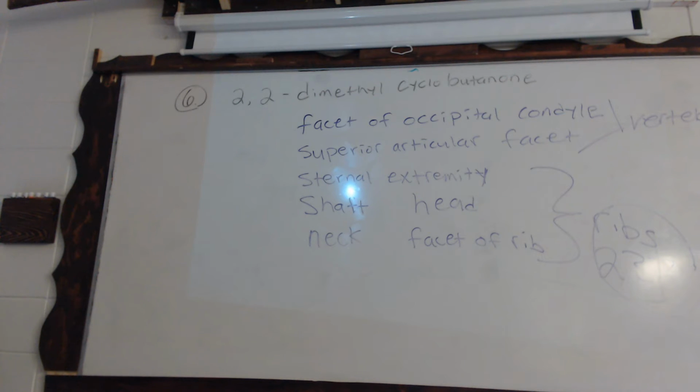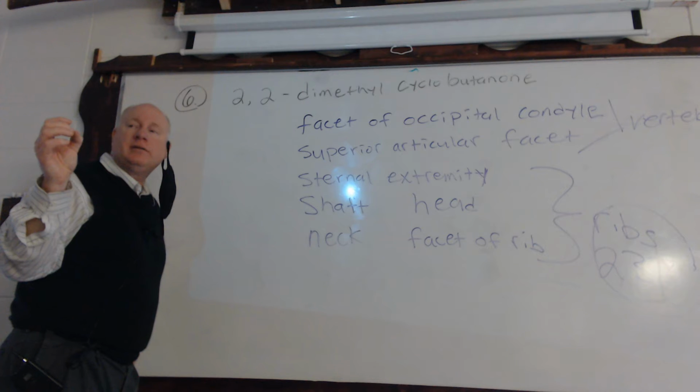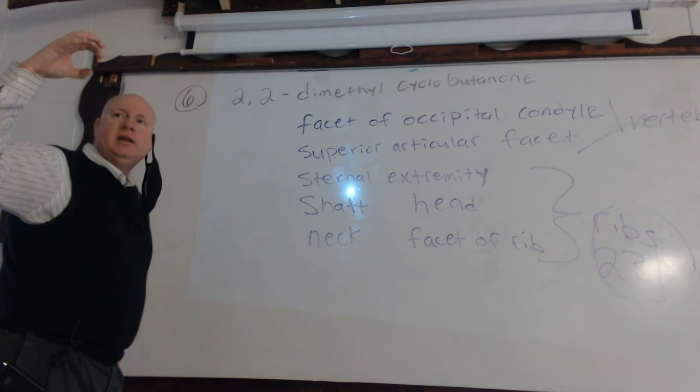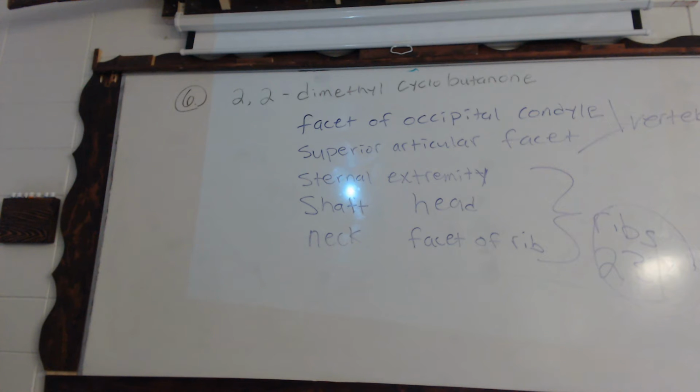And one of the ways that we know that, because on that atlas, okay, what's the big opening at the base of the skull? Foramen magnum. And there's a couple structures that surround the bottom of that. Because what bone is that to the posterior side? Occipital condyles.